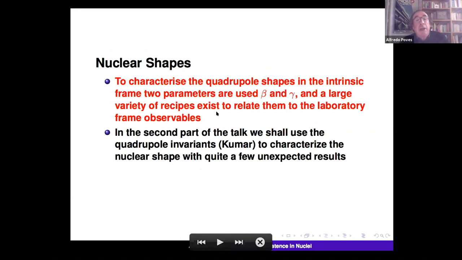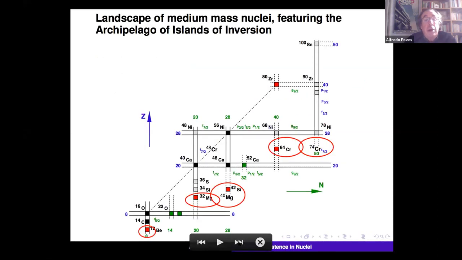And the question is how do you relate these parameters in the intrinsic frame with the laboratory frame? We will see in the second part of the talk that the way to do that is to use the quadrupole invariants, Kumar, Klein, etc., to characterize the nuclear shapes in the laboratory frame, which is the only one which is real.